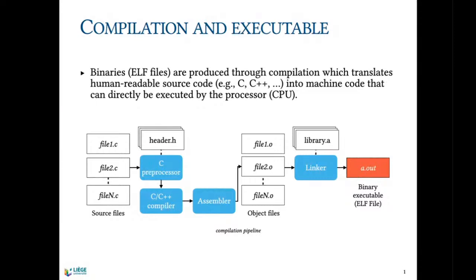On this slide, we can see the basic pipeline, which is divided into several steps. I won't explain all these steps here because it would take too much time, but the main information to take into account on that diagram is that after all these steps, we get an executable file, which is also called an ELF file in Linux.